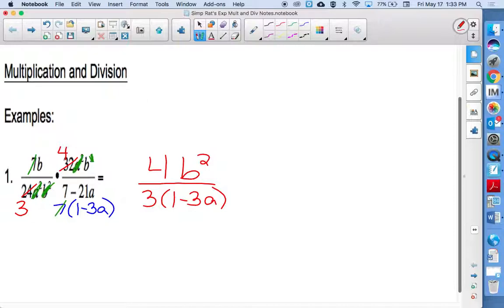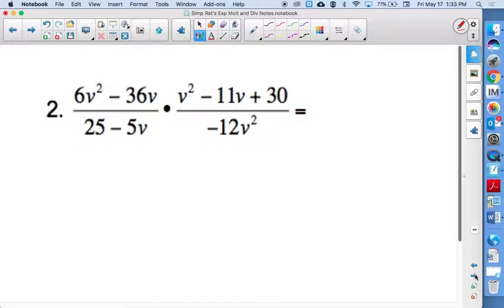So if you look at the next one, this one didn't really involve a lot of factoring. The next one definitely has a little more factoring with it. The first denominator here on the left side, I'd suggest thinking of that as the negative 5v plus 25.